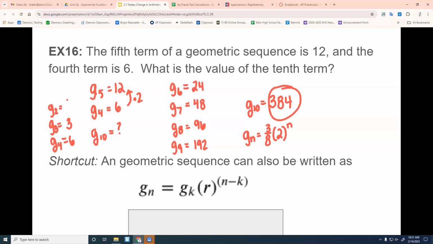Okay. So this next one would be 3/2, and then G1 would be 3/4, and then G sub 0 would be 3/8. Right, and then so you could write 3/8 times 2 to the n. That would definitely work. Okay, and then you just plug in 10 to that.